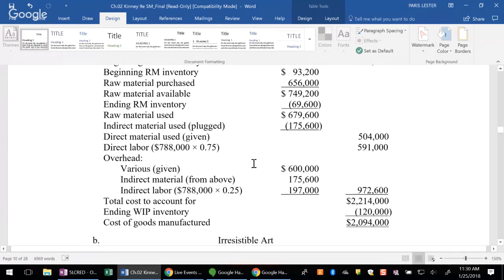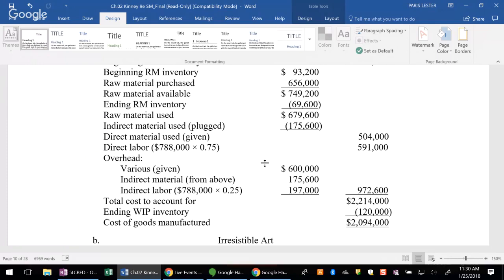Now, how much overhead did it give you? All right, it gave you overhead, number 33. That's why I want us to look at this one. Factory payroll costs for July were $788,000. 75% was related to direct labor.